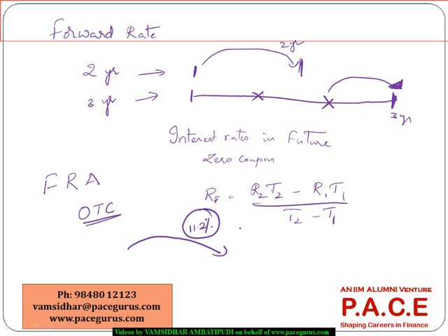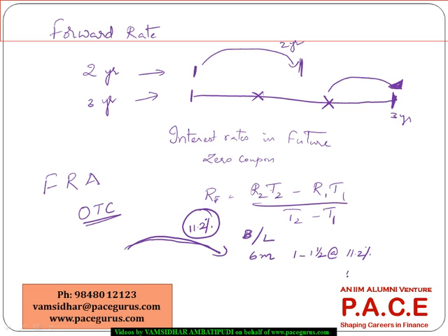Let's say I can enter into that agreement either as a borrower or a lender. If I am entering as a borrower, it means that I would be borrowing for 6 months between 1 and 1.5 year at 11.2%.